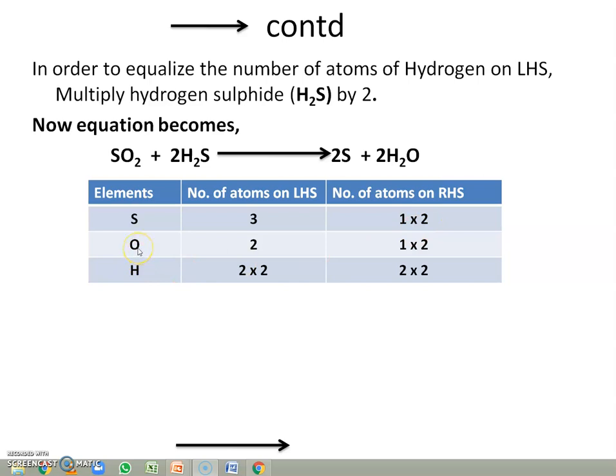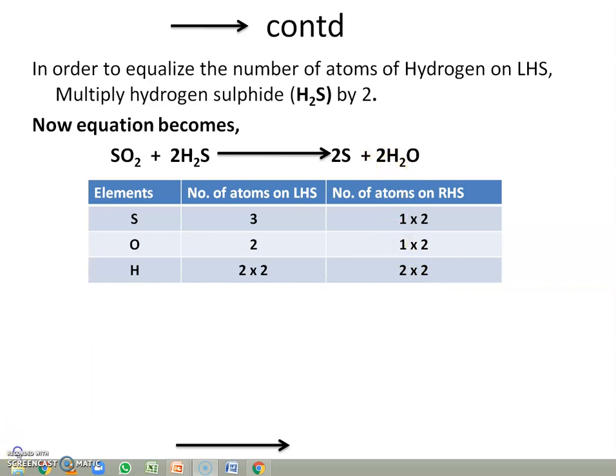Similarly, the oxygen atoms on the left hand side are 2. On the product side, they are also 2 due to this multiplying factor 2. Similarly, hydrogen atoms on the reactant side are 4. At the same time, the number of hydrogen atoms on the product side, due to this multiplying factor 2, now become 4.